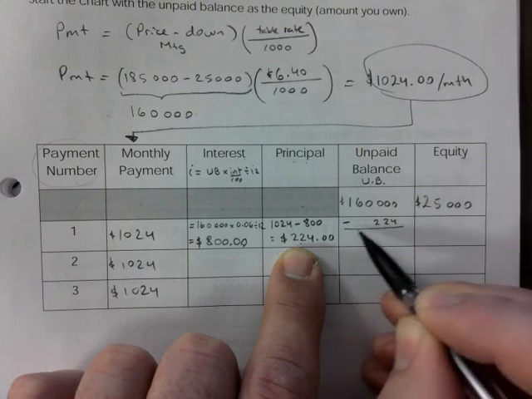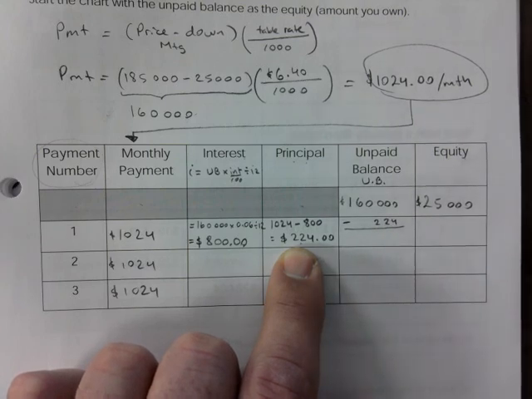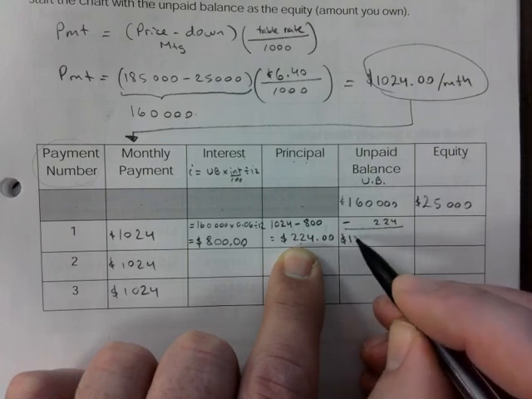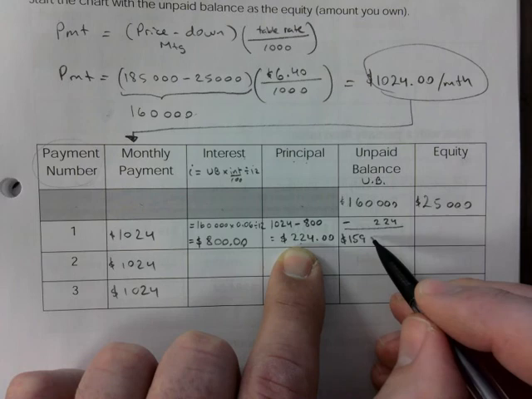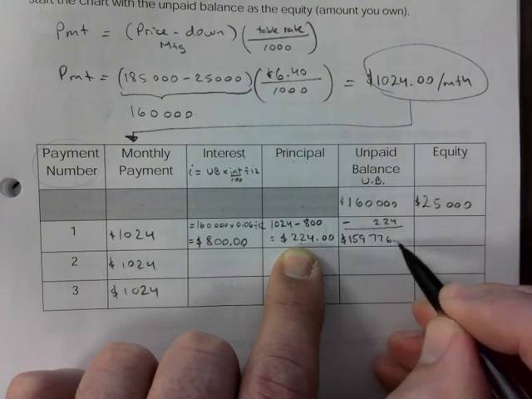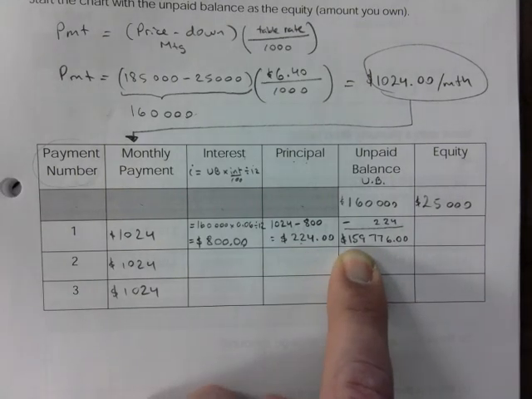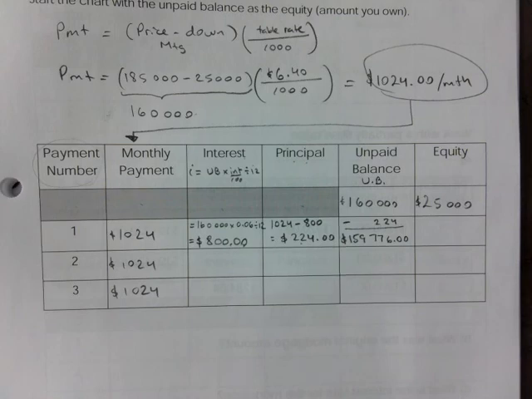So let's take this number and subtract. You now owe 159,776 after the first month. So the first month's payment, $800, is gone. That's their profit.